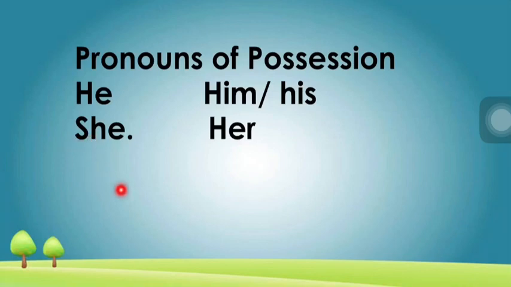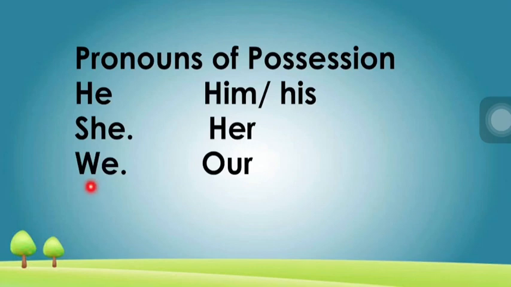Similarly, with male nouns, or with he, we always use him or his as a pronoun of possession, whenever we have to show a connection that something belongs to someone.